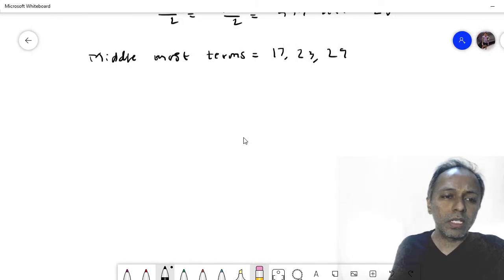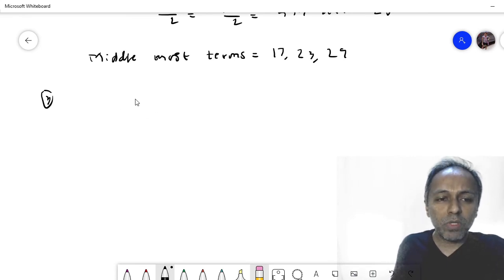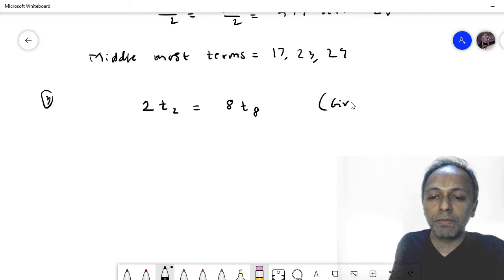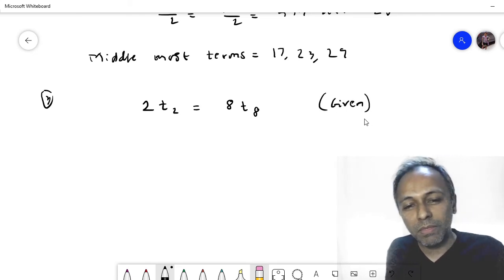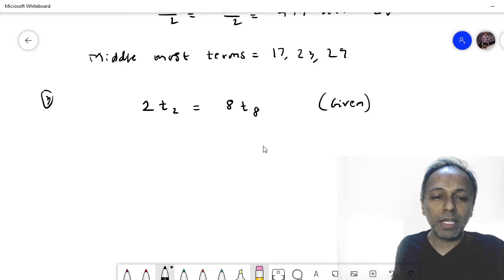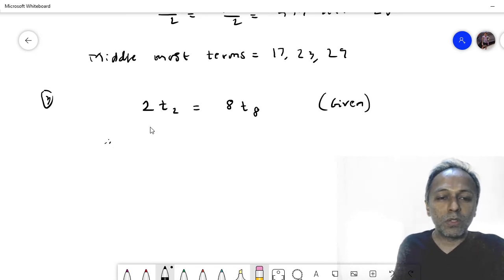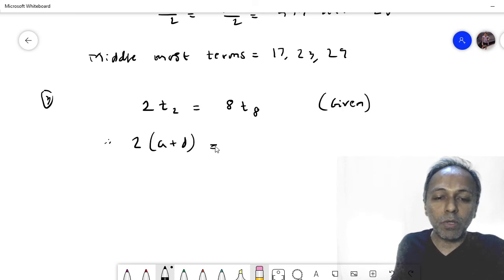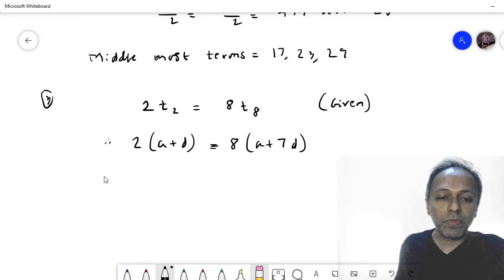Let us continue. Let us take one more point. Suppose it is said that 2 times the second term is equal to 8 times the 8th term. Suppose it is given like this. These are just some extra note points that we are creating. So 2 times the second term is 2 into a plus d, is equal to 8 times a plus 7d.